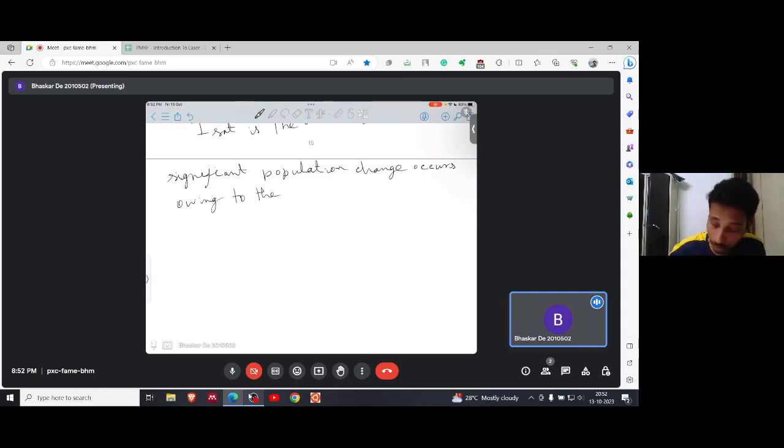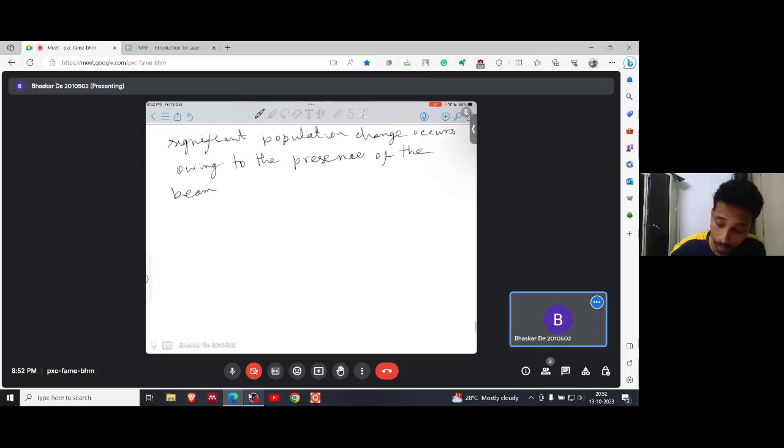Owing to the presence of the beam, now this delta N UL 0 is defined as N U minus G U by G L times N L, where N U and N L denote the population of the upper and lower levels of the transition.